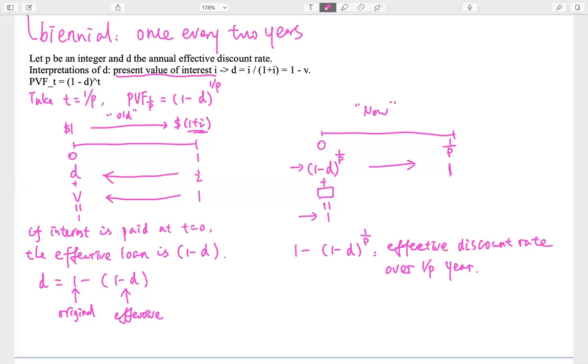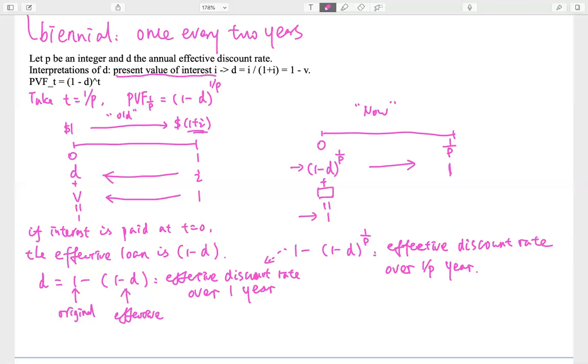Here d is the effective discount rate over 1 year. Of course, this p can be any integer. If you take p to be 1, then it goes back to this case.